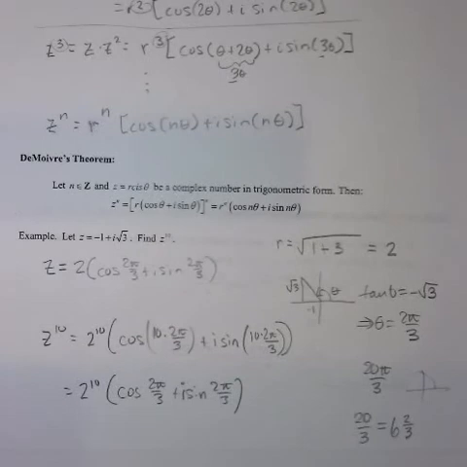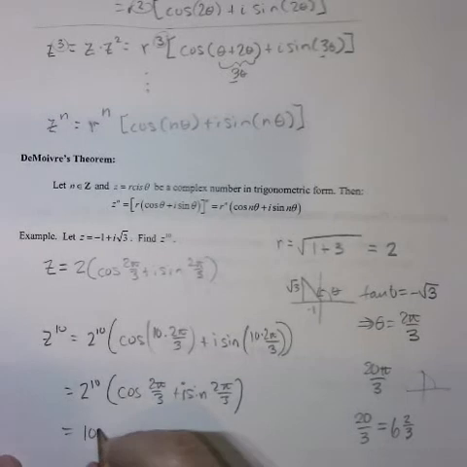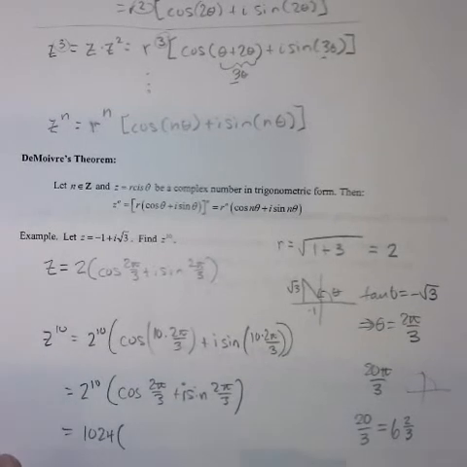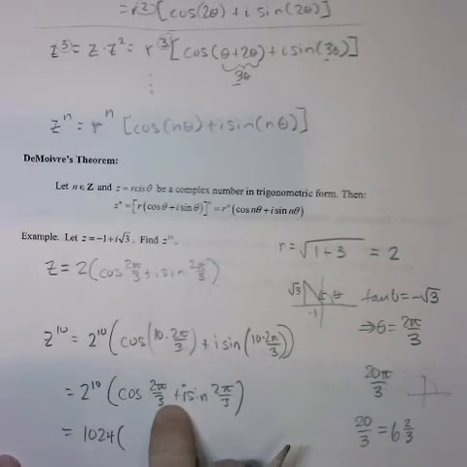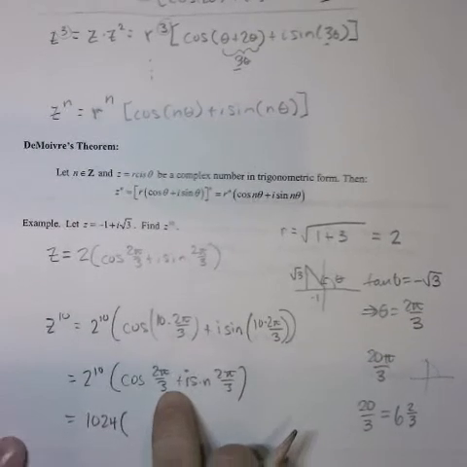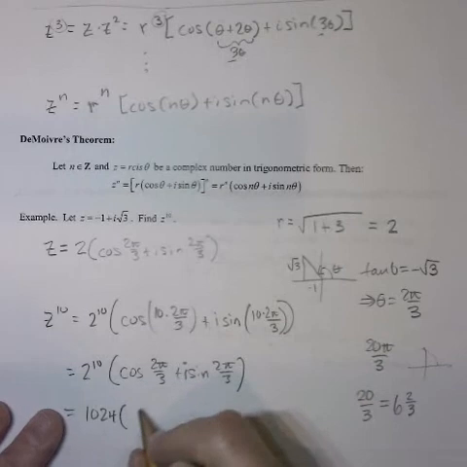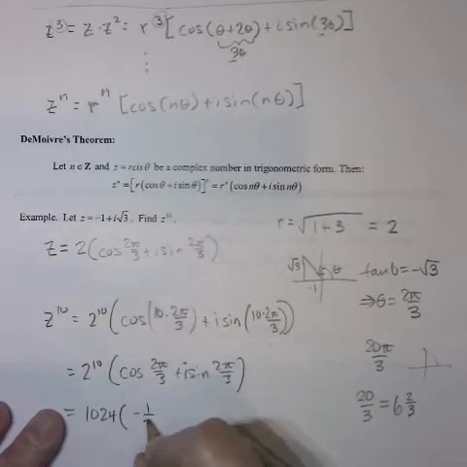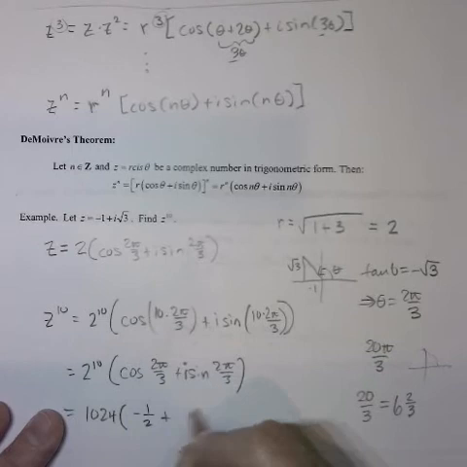And we could leave it like that, but let's see what that would be in rectangular form. So 2 to the 10th is 1024. And then cosine of 2 pi over 3 is negative 1/2, plus sine of 2 pi over 3 is positive square root of 3 over 2.